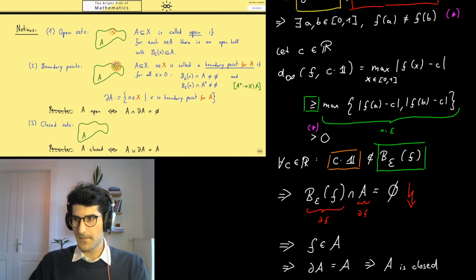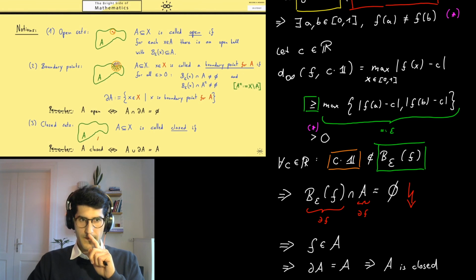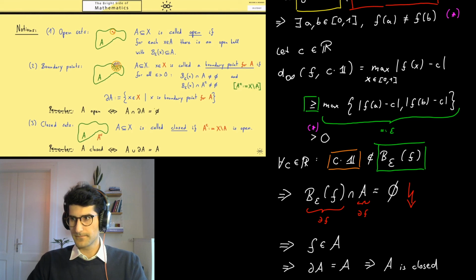The definition is much simpler. A subset A in X is now called closed if the complement in X, which is A^C, is open. This makes sense because the boundary points of A and the complement are exactly the same, and this just means that all the boundary points belong to A and not A^C.